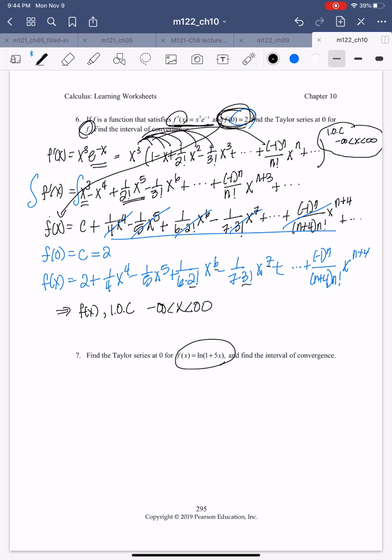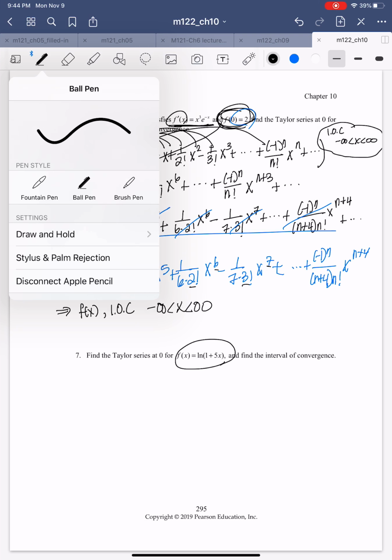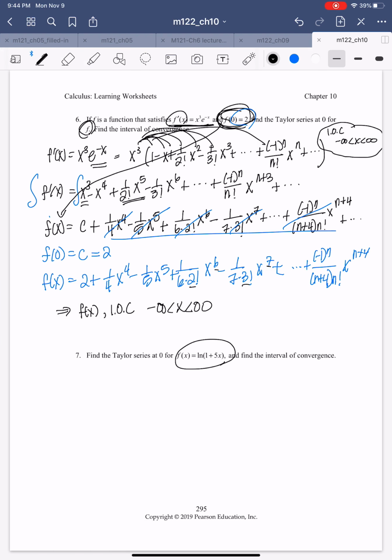So one thing I can do is write it in terms of two functions. Let's say g of x is just ln of 1 plus x. And then f of x is going to be what? ln of 1 plus 5x. You can rewrite that as g of 5x, isn't it?